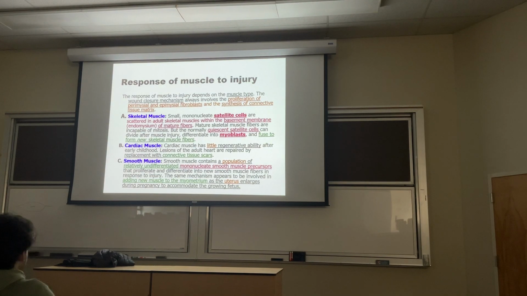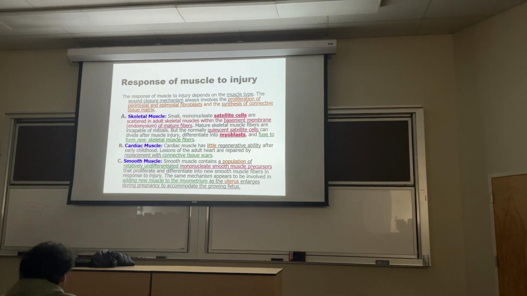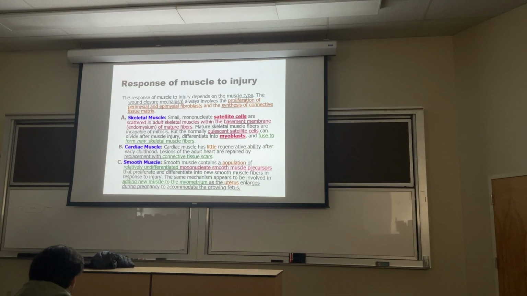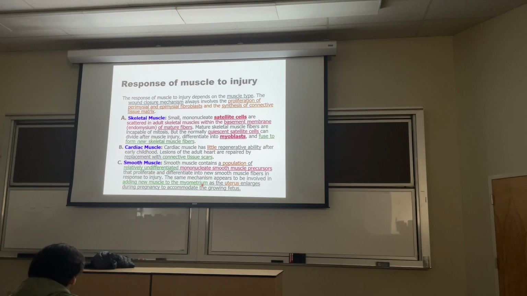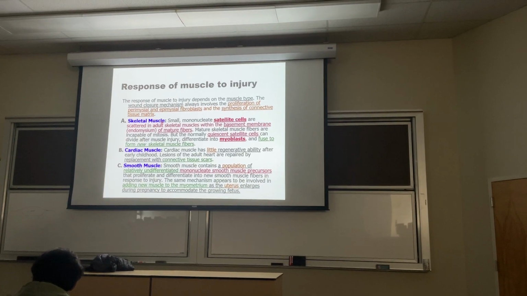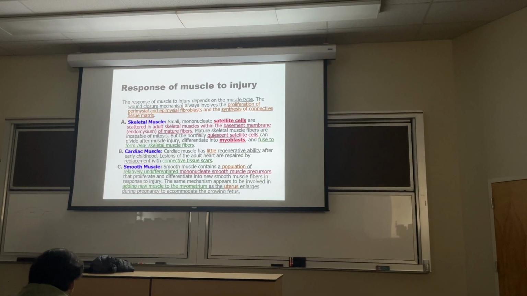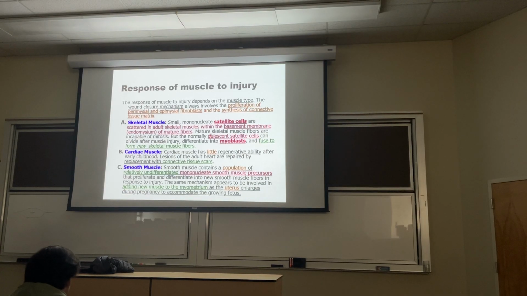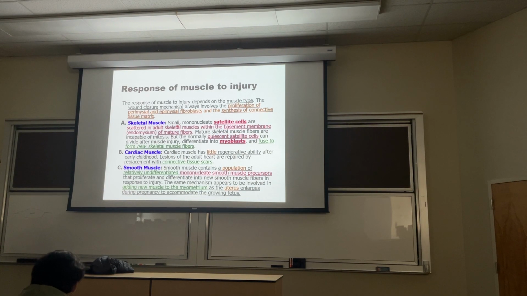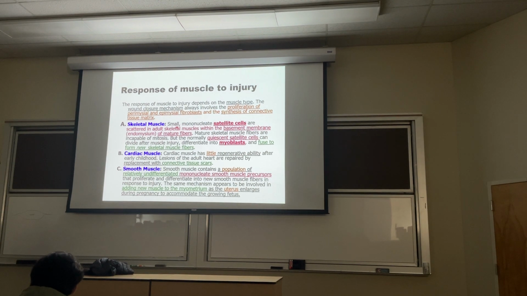Now, we're moving away from smooth muscle per se, and we're looking at just a few examples of muscle injury, and this can include all three types of muscle. We can have an injury of skeletal muscle, and a lot of times these injuries involve the connective tissue associated with the skeletal muscle.